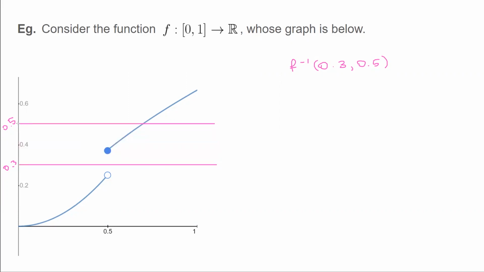Let me make this a little bit clearer. Remember, this interval does not contain 0.5, and it does not contain 0.3. It's all the numbers that are strictly between the two. Following back the horizontal lines to check which points actually come from that interval, we see that the first point that comes from this interval is 0.5.